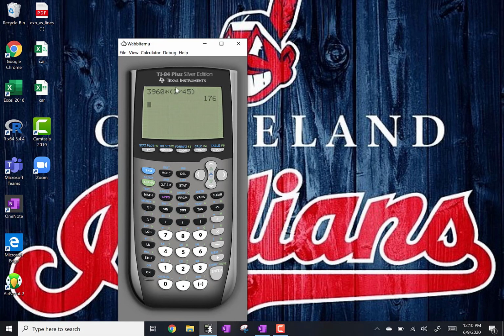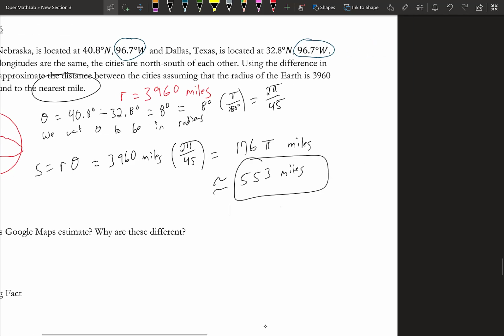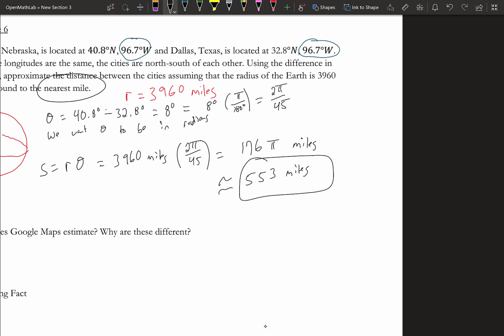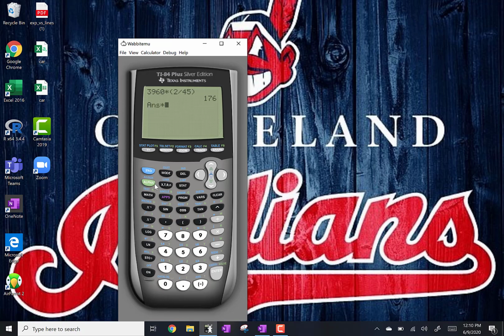In other words, I'm thinking about pi as a separate factor: 3,960 times 2 over 45 times pi. Those are equivalent. So I'm doing this part in my calculator to figure out the coefficient for pi, which is 176. Then we can take the previous answer, multiply that times pi, and round. If we round to the nearest mile, we get 553. So not too crazy.